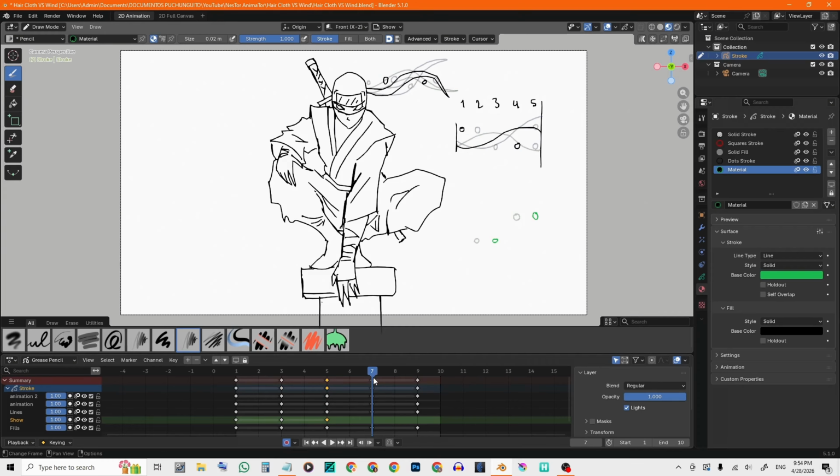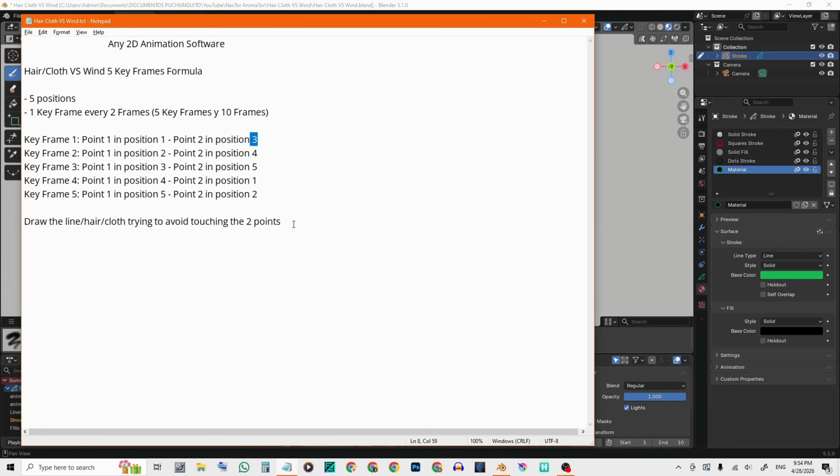Here, on the next keyframe, the point 1 moves to position 4, and the point 2 goes back to position 1. Alright, and finally, point 1 reaches position 5, and point 2 moves to position 2. Okay, so we have this movement.